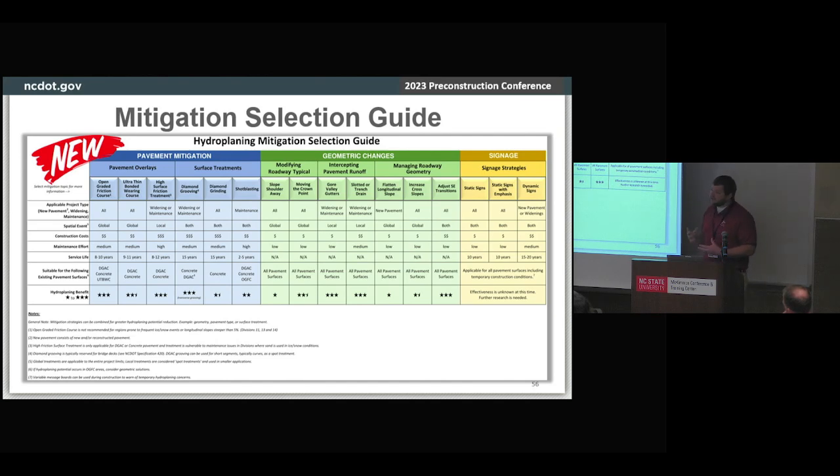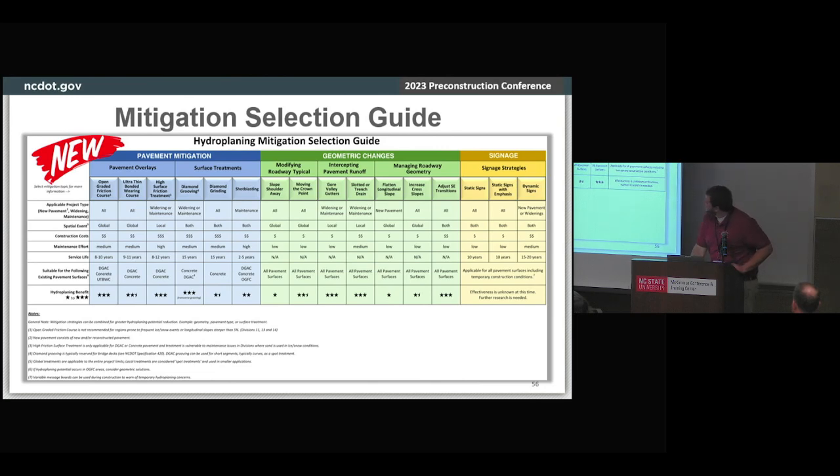It'll give you a full in-depth summary of what is open graded friction course, what are the prices, what are the maintenance concerns. And it really takes a deep dive into it. But this right here does a good job of just summarizing that information in a table format. But if you want more information, it's in the tool, in the guide.